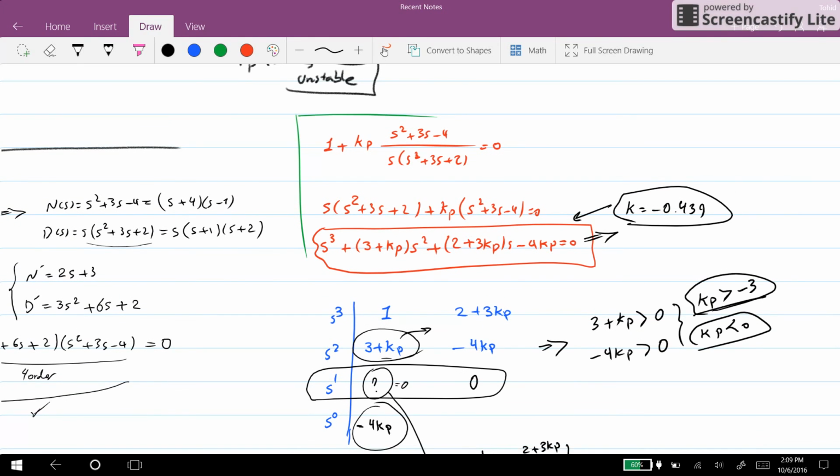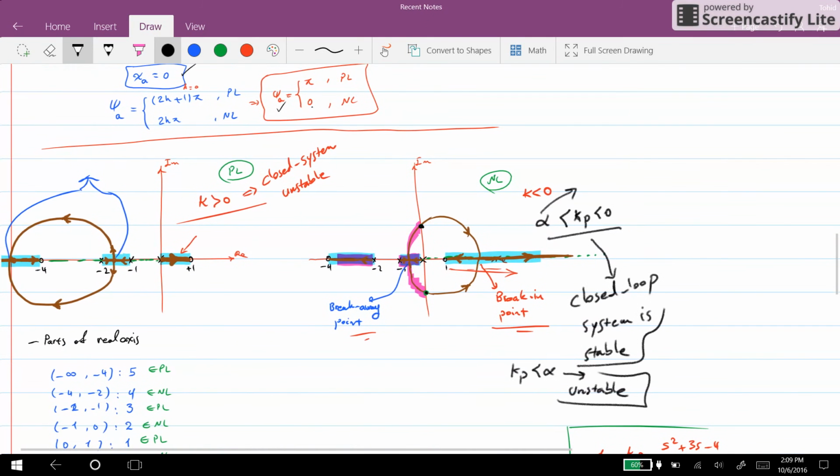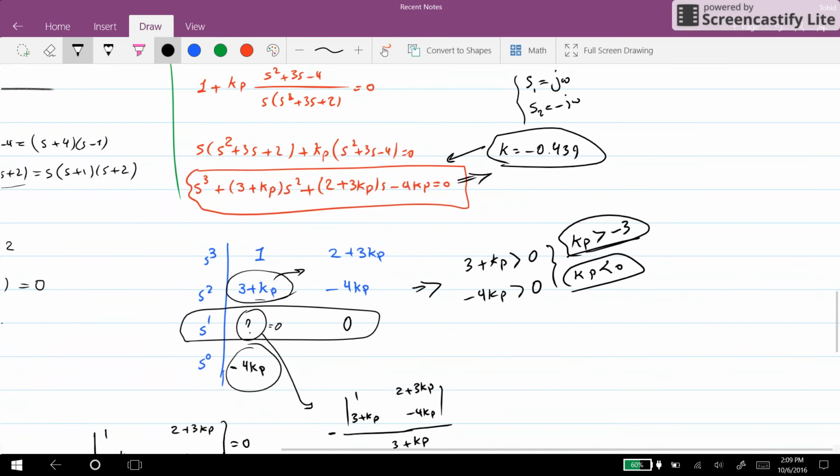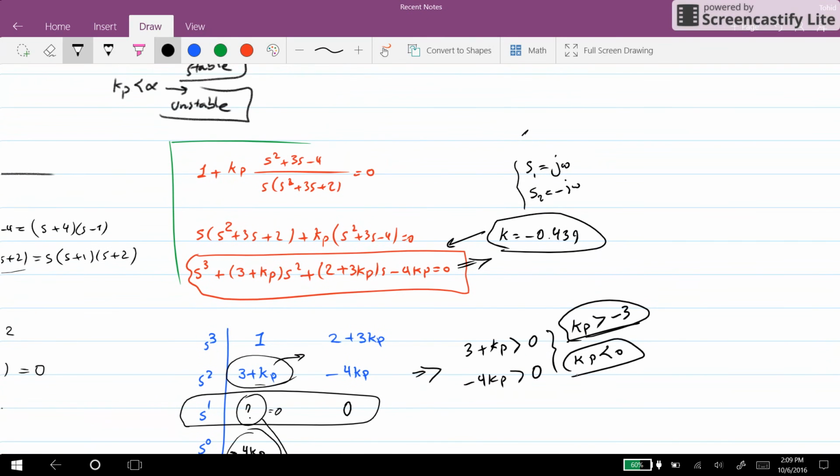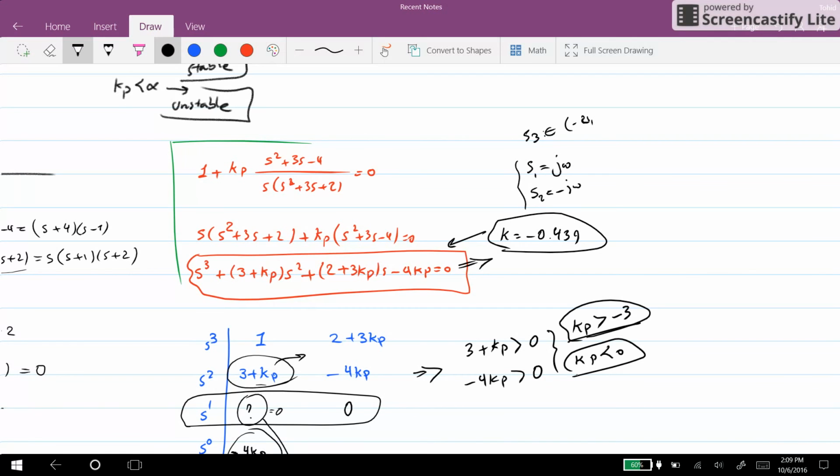Two roots of the system will be s1 equal to j omega, s2 equal to minus j omega, and we will have the third root between minus 2 and minus 4. So s3 will be between minus 2 and minus 4.